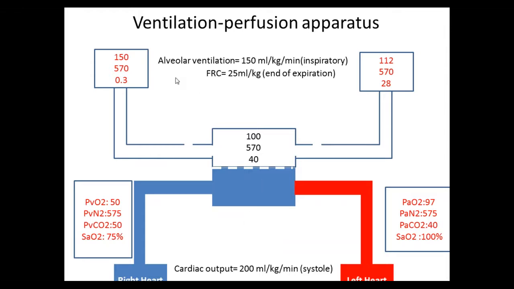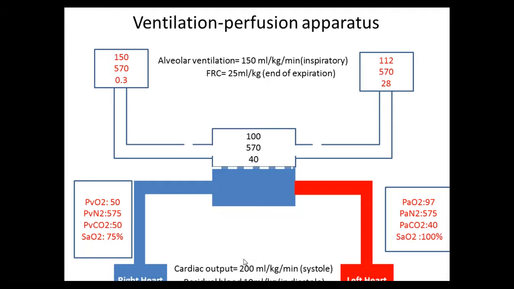We have to consider that alveolar ventilation occurs only during inspiration, and perfusion occurs during systole. So at the end of expiration, you should have 25 ml per kg of air remaining in the lung.